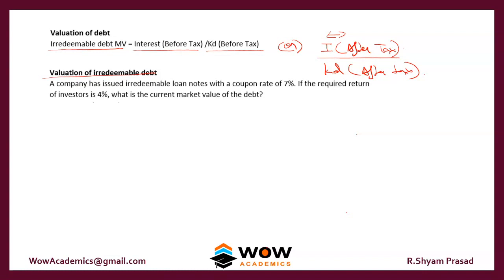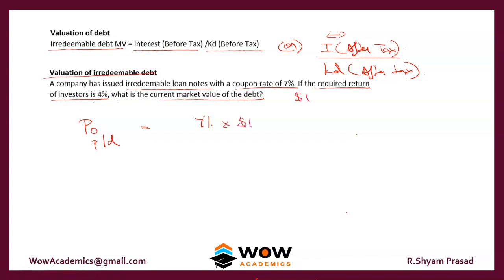A company has issued irredeemable loan notes with a coupon rate of 7%. If the required return of investors is 4%, what is the current market value of the debt? So again, we'll take it as P0. This is in terms of per debt value or per loan note value. The company is paying 7%, but we don't know on what nominal value it is being paid. So we'll assume that the nominal value is 1.